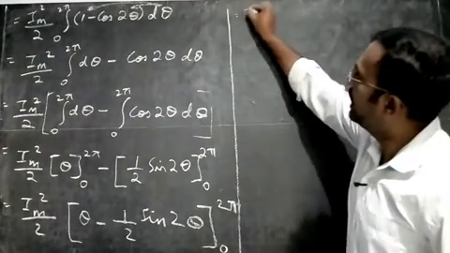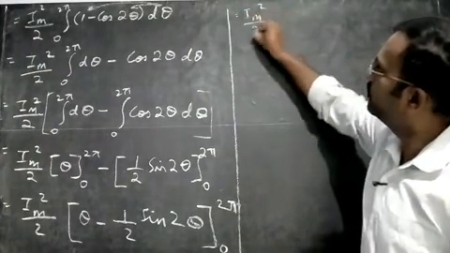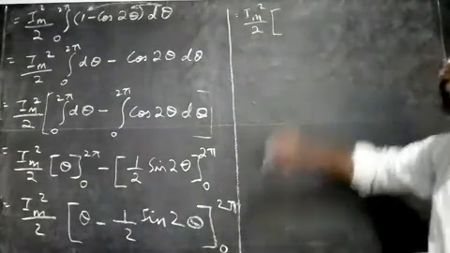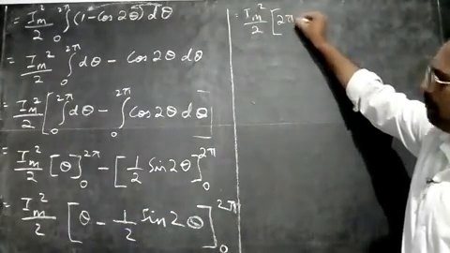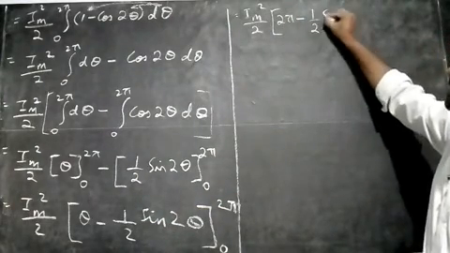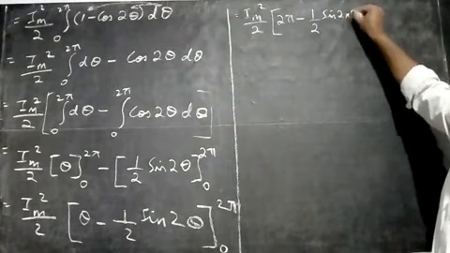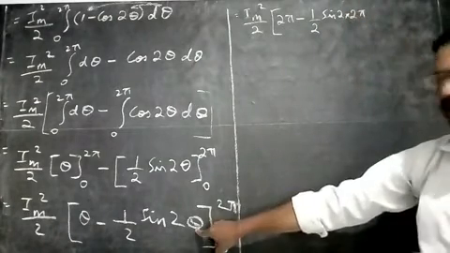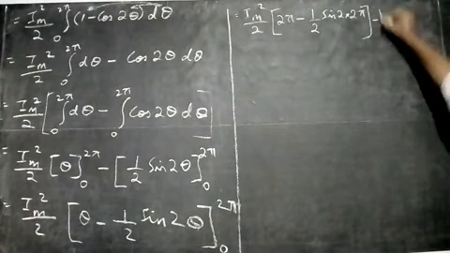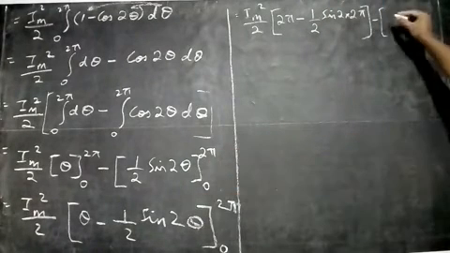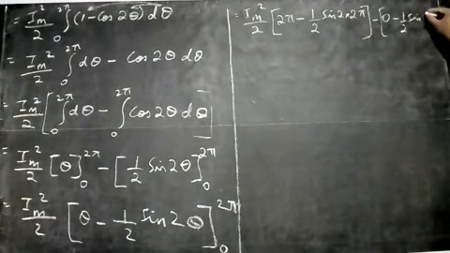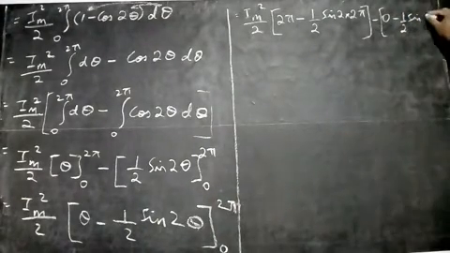So what you get here is Im square by 2 into, instead of θ, you substitute the upper limit, that is 2π, minus half into sine 2 into 2π. The next one is minus the lower limit, which is 0, so 0 minus half into sine 2 times 0. That will be sine 0 only.